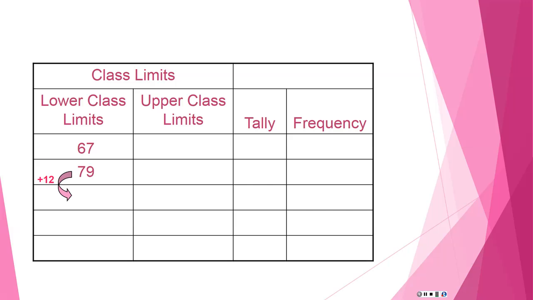And then you add 12 to 79, and you get 91. And then you take 91 and add 12, and you get 103. When you add 12 to 103, you get 115.